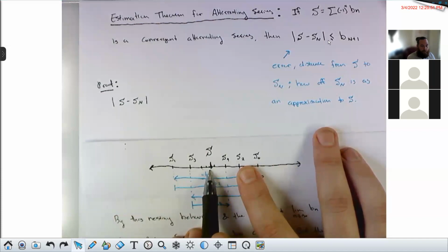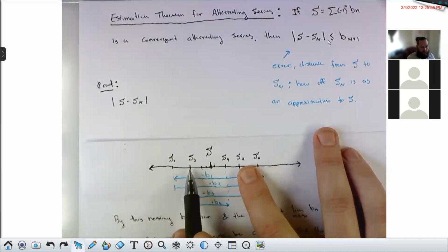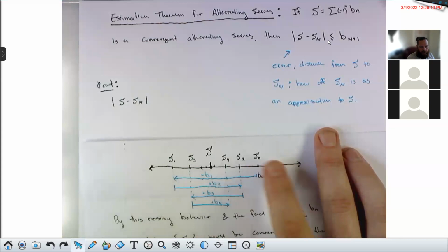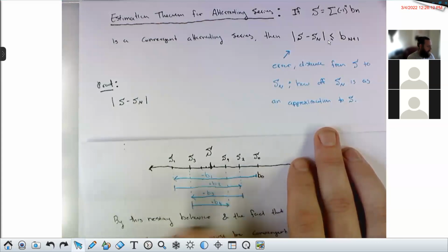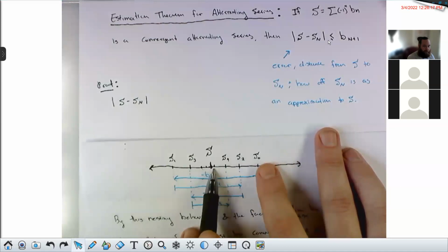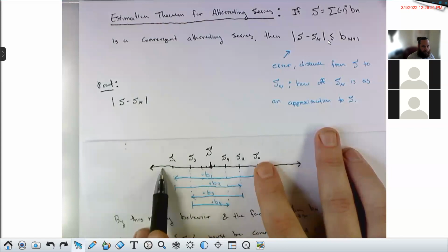Can I say exactly what that is? No. But if you look at the distance from S2 to S3, that distance is bigger than the distance from S2 to S, because every time I go from S2 to S3 or S3 to S4, I jump over S. That's because of this nesting, this alternating thing. Going from S0 to S1, I jump over S, which means the distance from here to here is less than the distance from here to here.